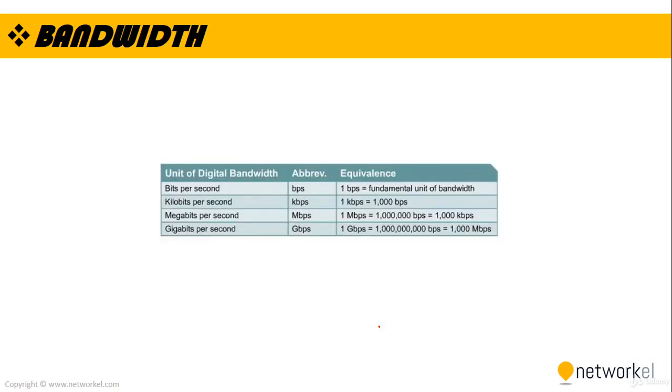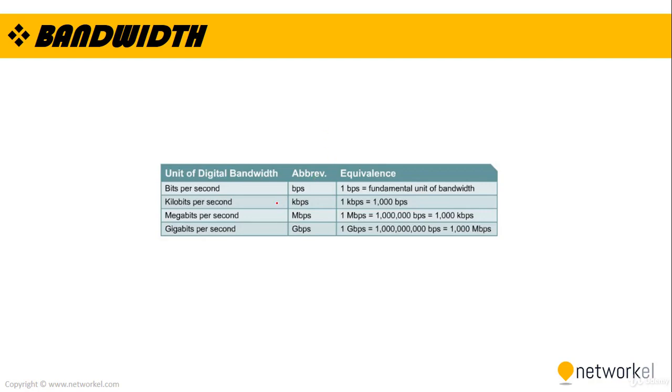Bandwidth is the bit rate of available or consumed information capacity, expressed typically in metric multiples of bits per second. For example, an internet connection with a larger bandwidth can move a set amount of data much faster than an internet connection with a lower bandwidth.